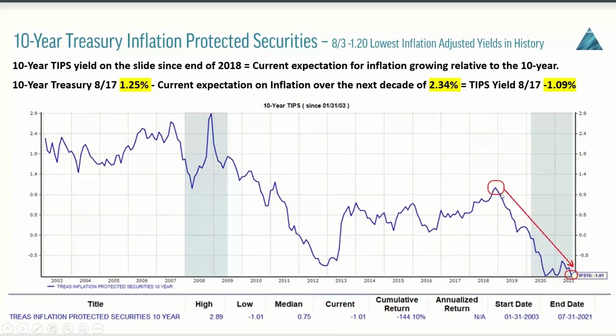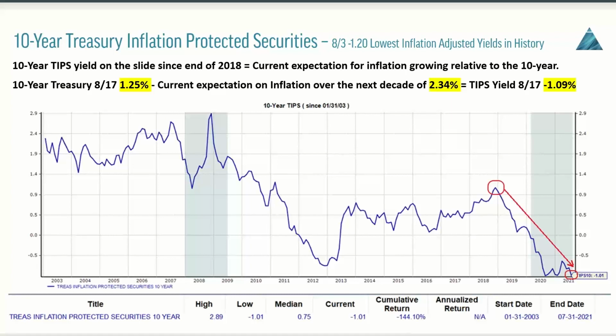You can see that's a pretty precipitous decline all the way down to current levels, which I checked yesterday, and I believe they were sitting at about negative 1.09. Monday, they were negative 1.16. So we were really close, again, to that August 3rd level of negative 1.2, which would mark the lowest inflation-adjusted yields in history for the 10-year TIPS. So this is really significant.